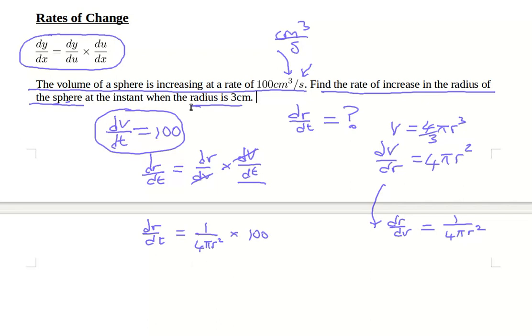Now the last thing we haven't used yet is the fact that the radius is 3, r equals 3. Plug that in. We need to square it, then times it by 4 pi. Let's leave our answer exact. And I'm even going to put some units on because we're dealing with radius divided by time, it's centimetres per second. That's the rate at which the radius is growing every second.